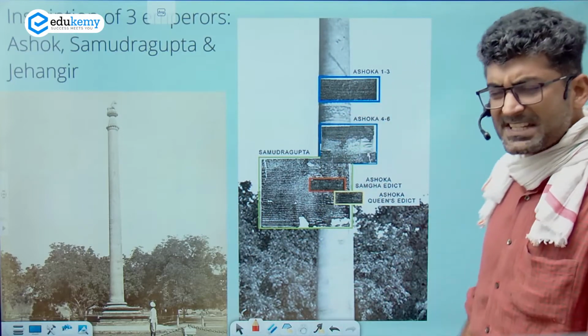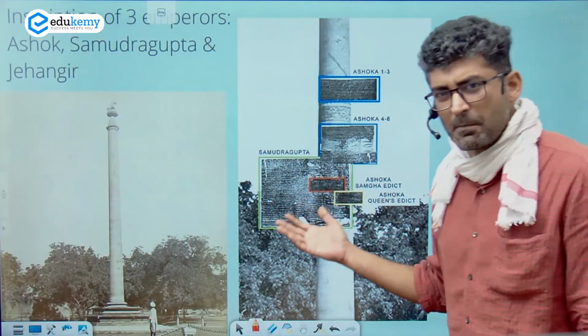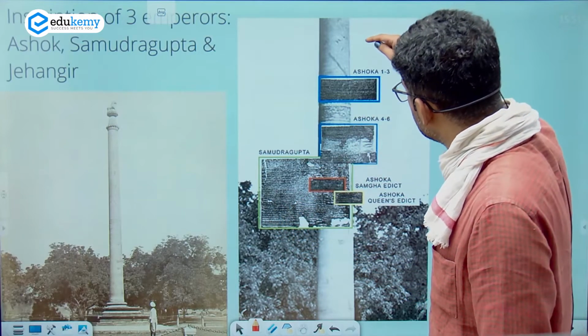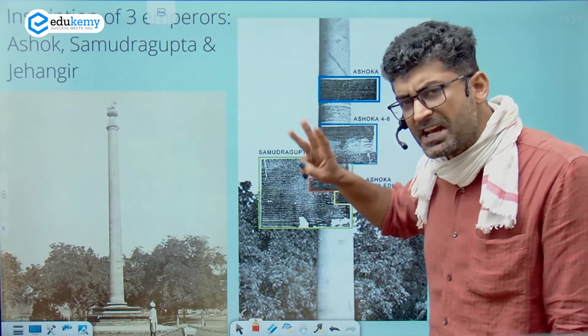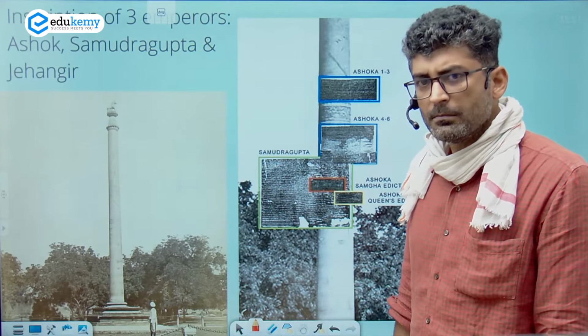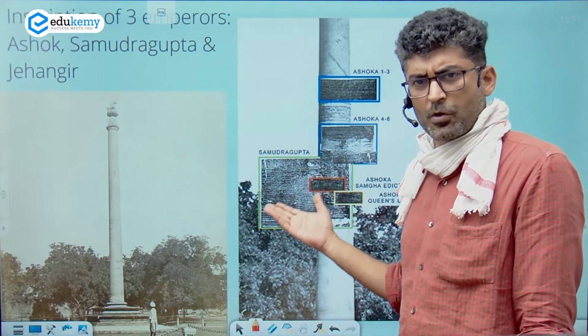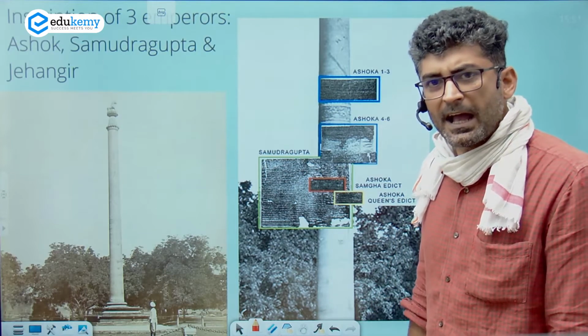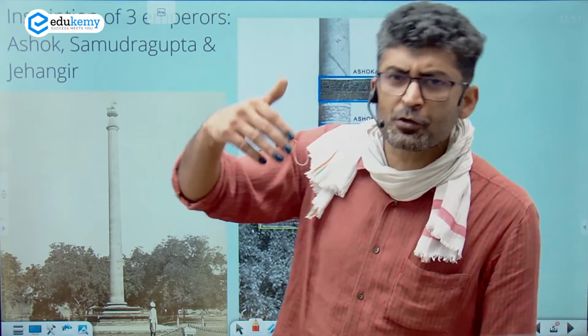This Prashasti itself is a very interesting artifact, right? It's present in Allahabad, and there are three great emperors present here. Ashoka, it's an Ashokan pillar, and in fact, there's an inscription of his queen as well.